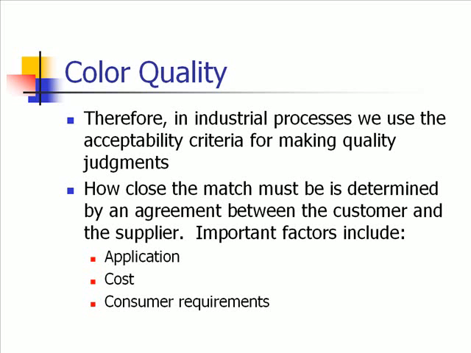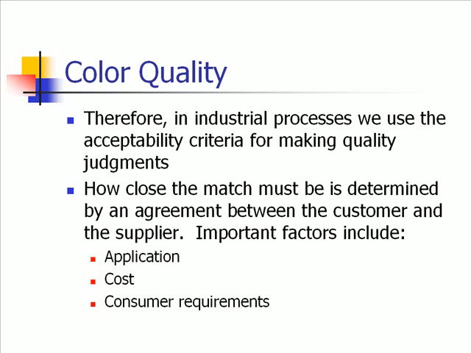So important factors include the application. For instance, if you're doing automobile interiors, you're probably going to have smaller tolerances than if you're doing cheap snow shovels or cheap toys. Cost is an important thing. Maybe the guy that's making the cheap snow shovel wants the same tolerances as our automobile manufacturer, but he's not willing to spend more than $1 a pound for the colorant.